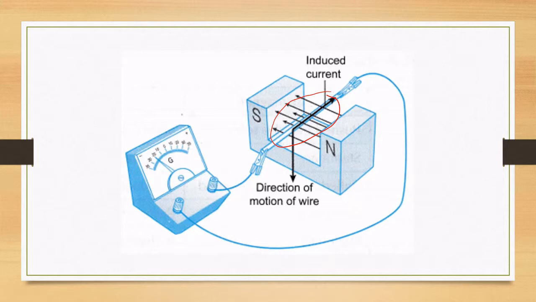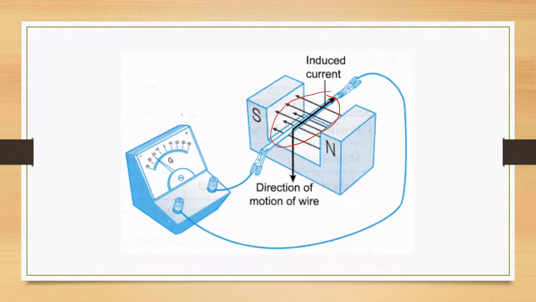This is because when you move the conductor wire in the direction as shown in the diagram, there's a relative motion between the magnetic flux and conductor wire. The magnetic flux will be cut by the conductor wire.